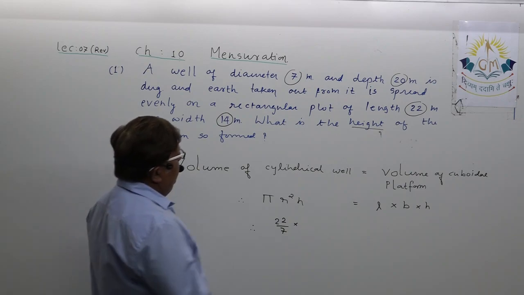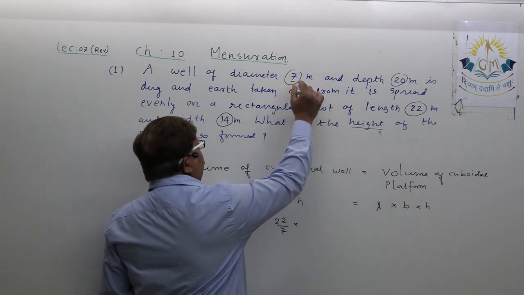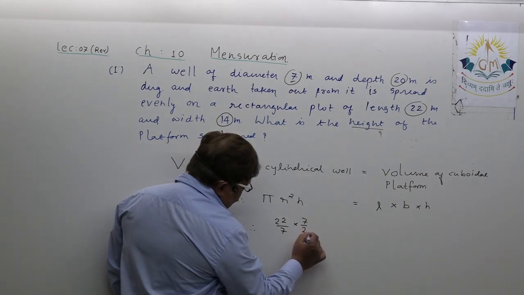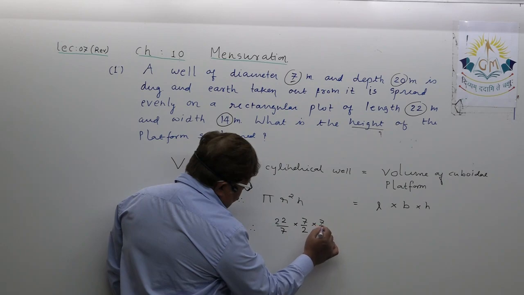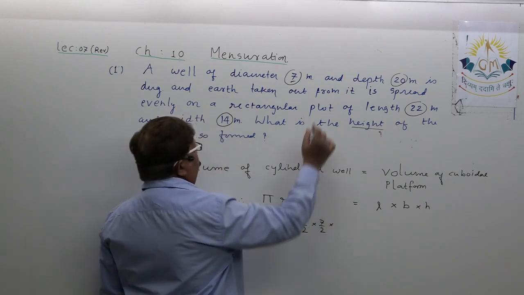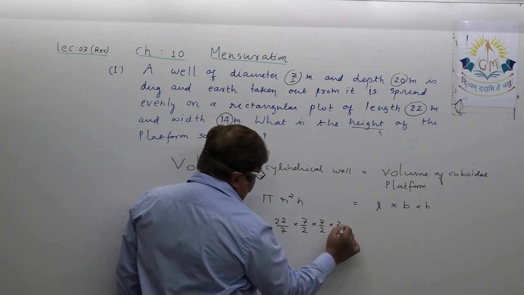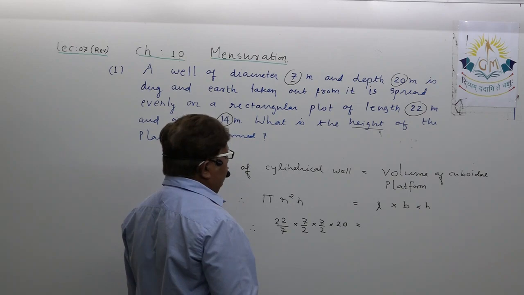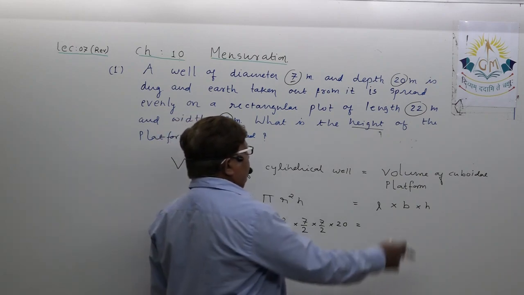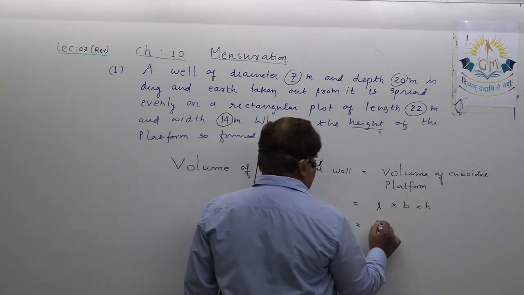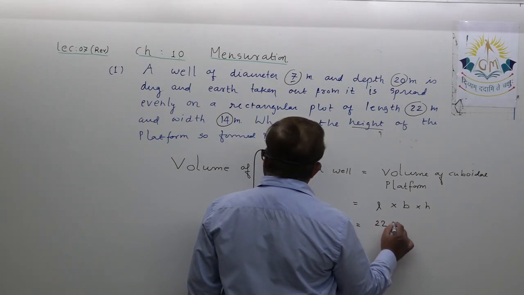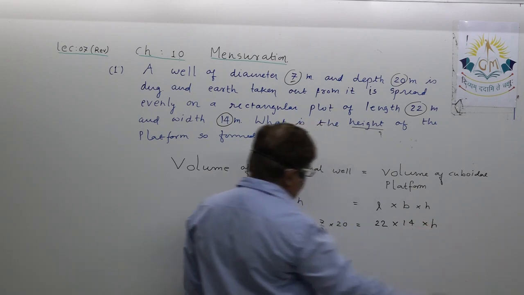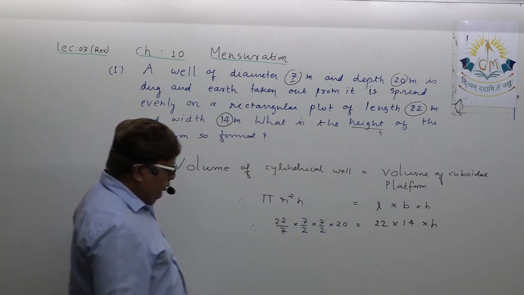R: what is the diameter of the well? 7. So instead of r square, I can write 7 upon 2 into 7 upon 2. What is the depth? 20. Here you need to concentrate on the dimensions of the platform. Length 22, breadth 14, and height, dear student, we are looking for.